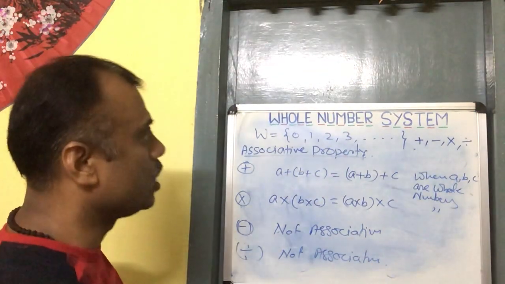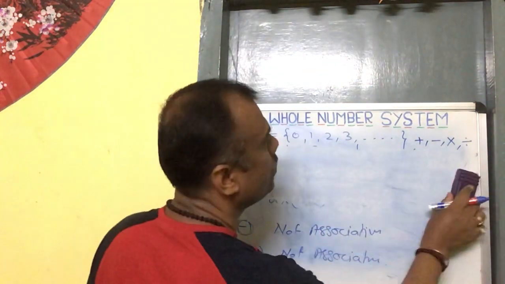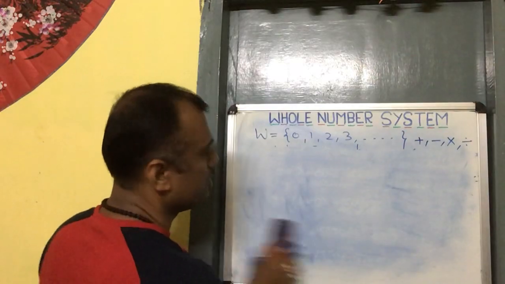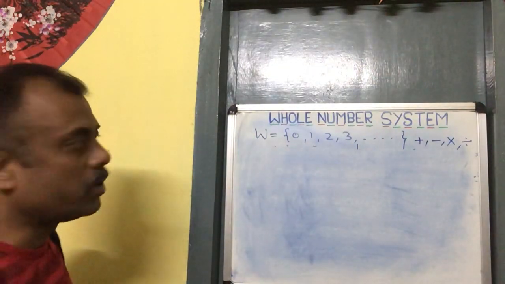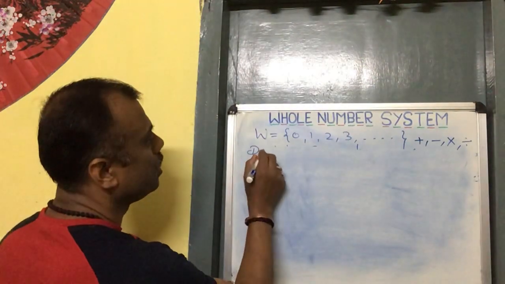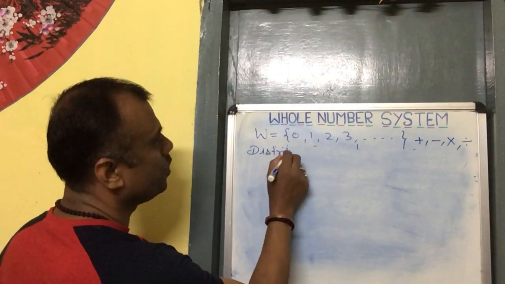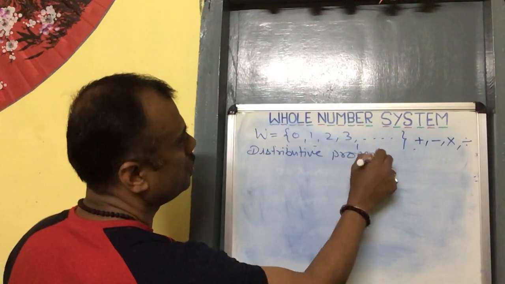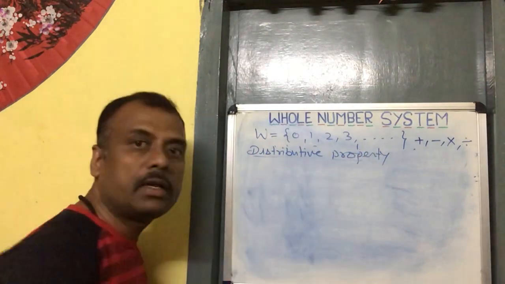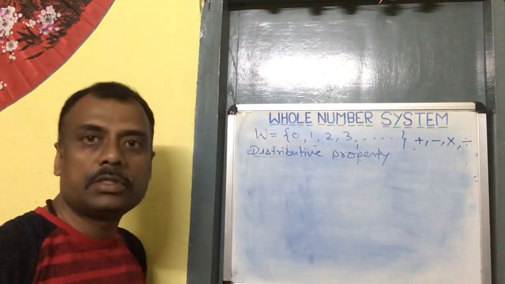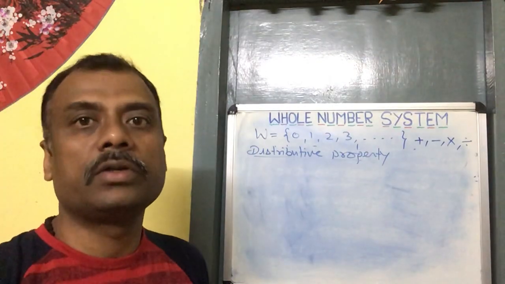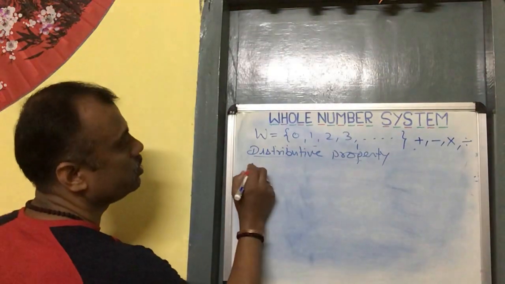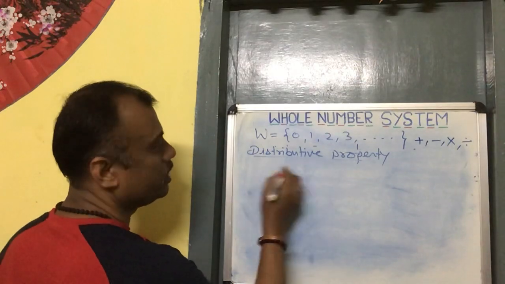Okay. Now let us move to another property, that is the distributive property. Distributive property means we have to distribute something over something. Here we will discuss the distributive property of multiplication over addition.